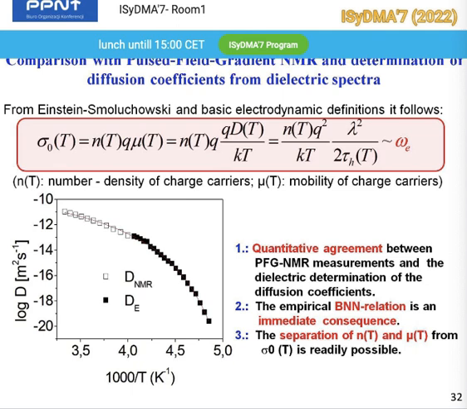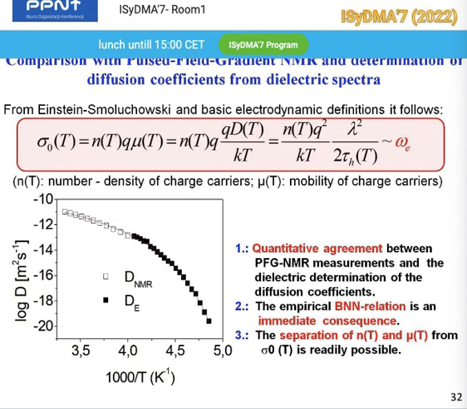We have here the conductivity measured directly with dielectric measurements. This is just the defining equation. N is the number density of charge carriers, which is of course a quantity which is strongly temperature dependent. Mu is the mobility of charge carriers.